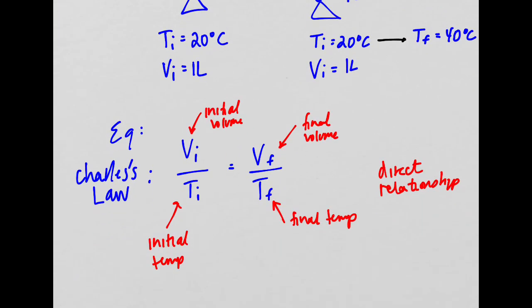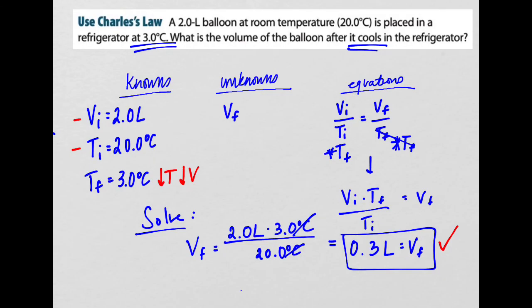You need to be able to use, manipulate, and understand Charles's law, which is here: V_I over T_I equals V_F over T_F. You'll need to be able to apply it for your quiz as well, and do problems using Charles's law. And that is it for the Chapter 14 review.